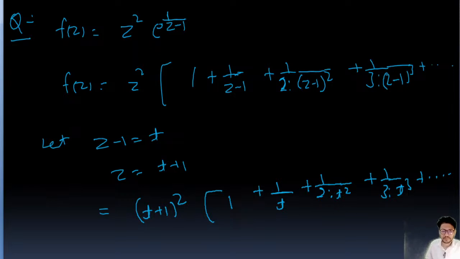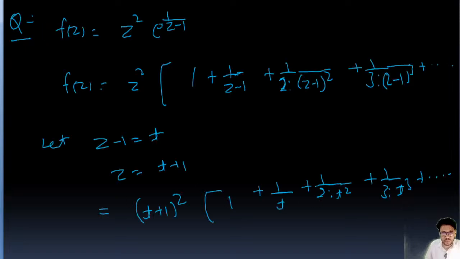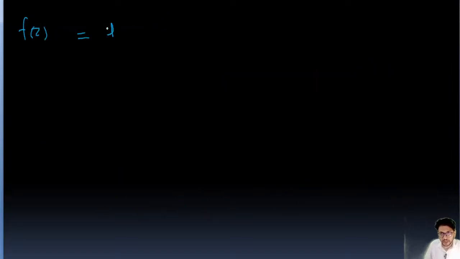Okay, now we'll open it. (t plus 1) whole square equals t square plus 2t plus 1, right?